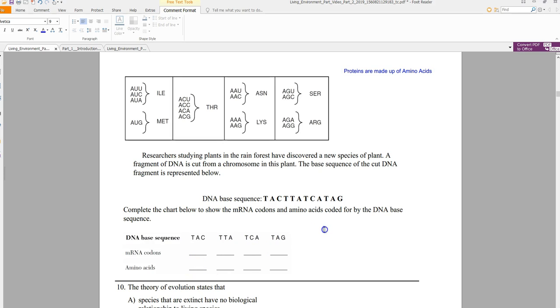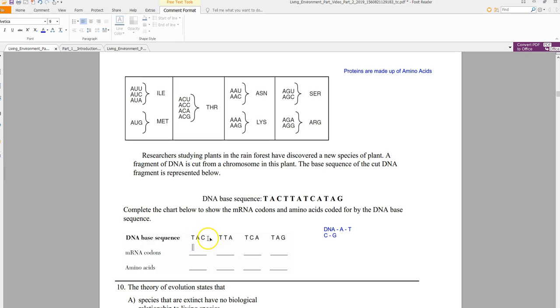Okay? And just to remind you, in the DNA molecule, A is paired with T, and C is always paired with G. All right? So, let's get started here. Let me actually make this a little closer.